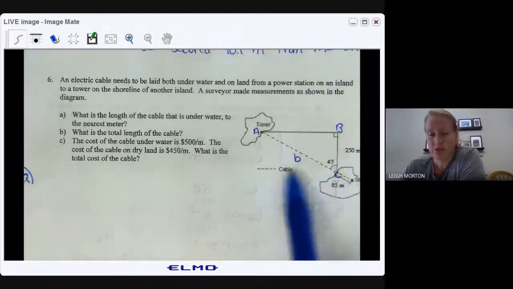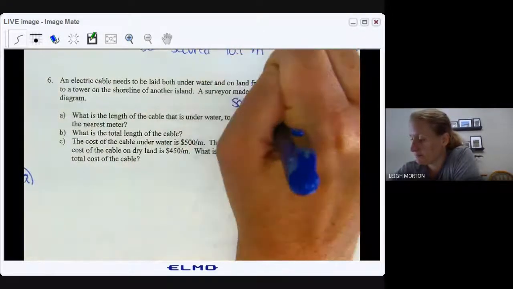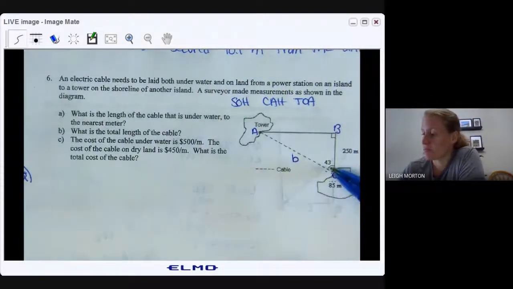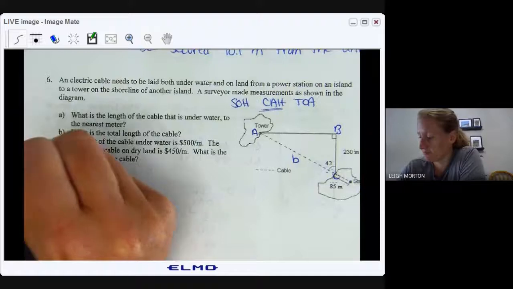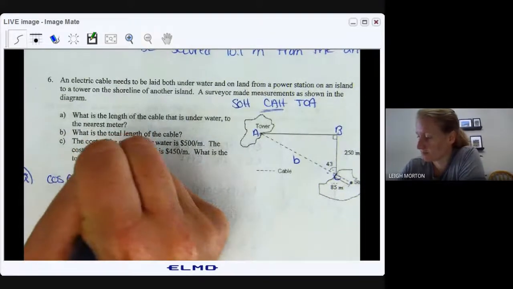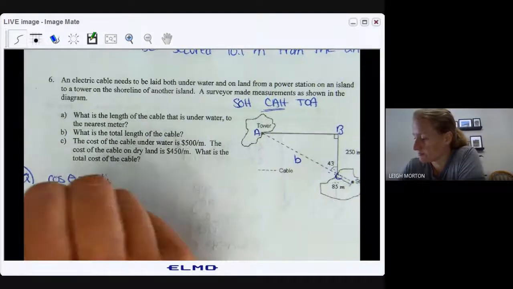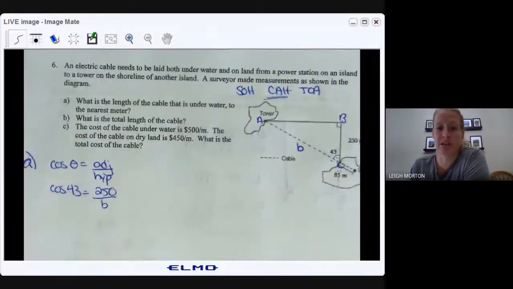We want the hypotenuse, so that means we're going to use sine or cosine. In terms of what we have, our adjacent side. We have an angle, adjacent, and want hypotenuse. So that takes us to cosine. And we're left with this expression to rearrange.